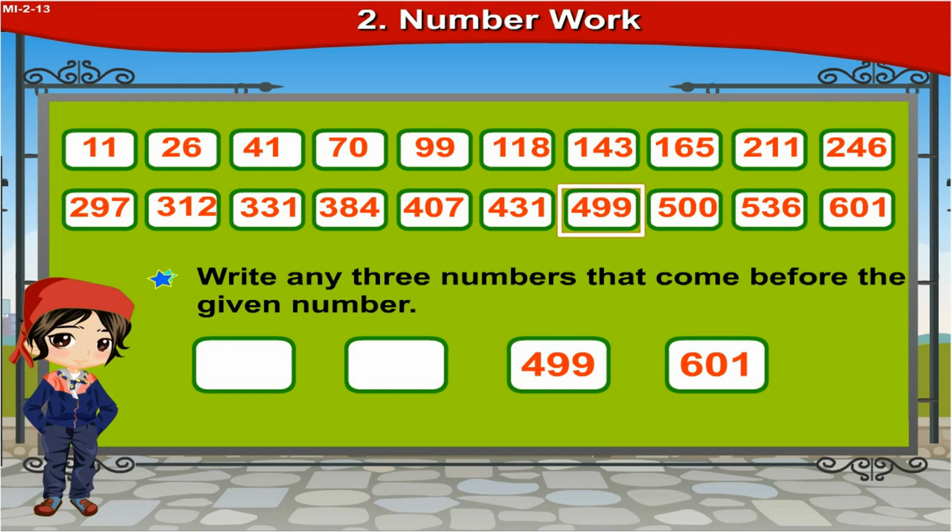Any number. Well, we can write 165. Now in the last box we'll write a number which is smaller than 165, be it any number. Can you suggest one? Right, we can write 70 in that box.